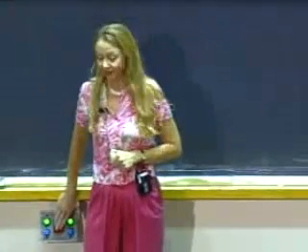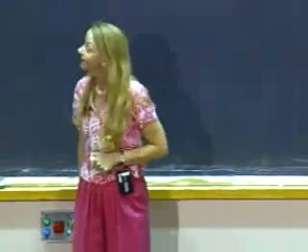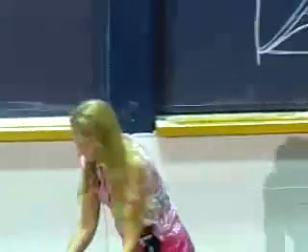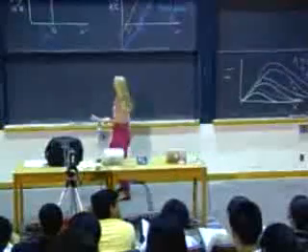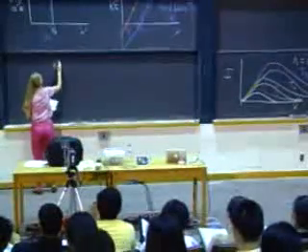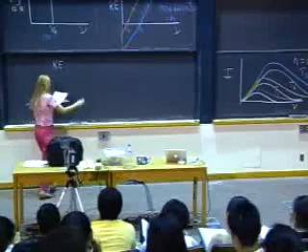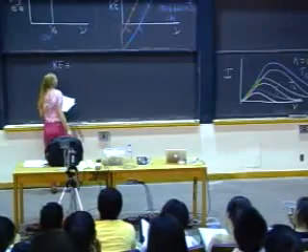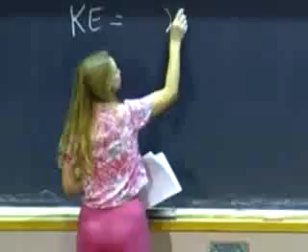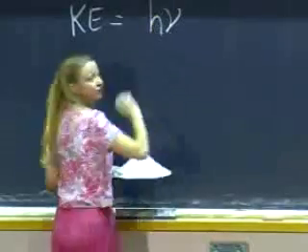All right, so what Einstein then proceeded to do, of course, is to write down the equation of the straight line that he just put through these data. And so that equation is the kinetic energy equals h times nu, where nu is our x and h is the slope.